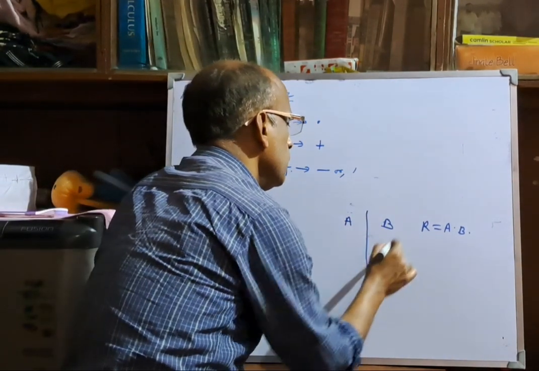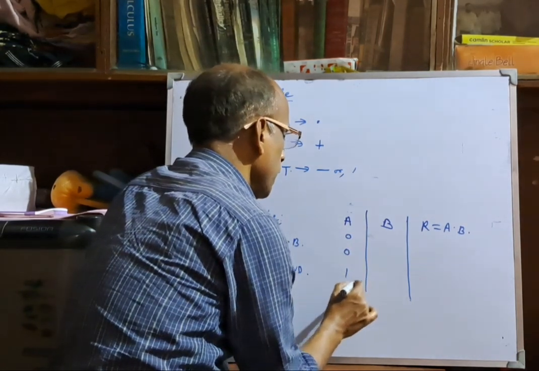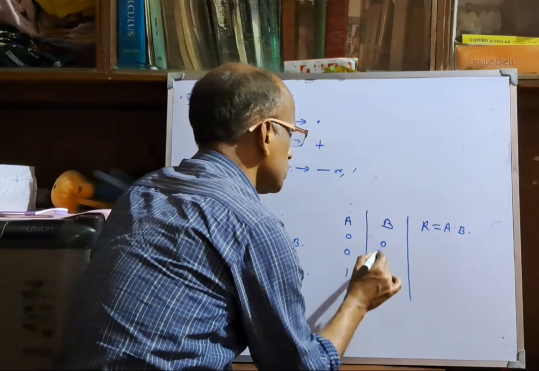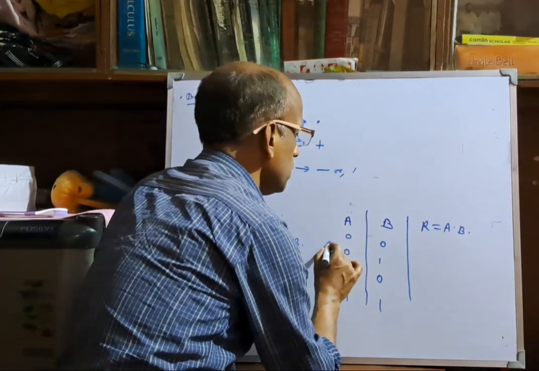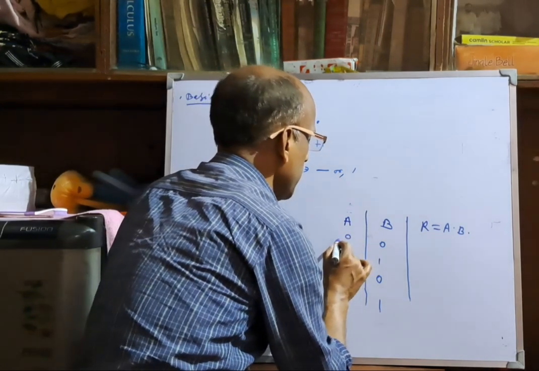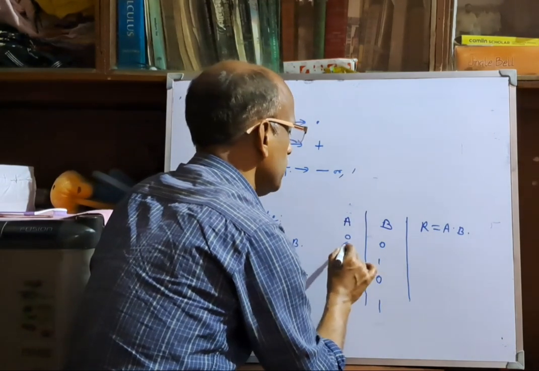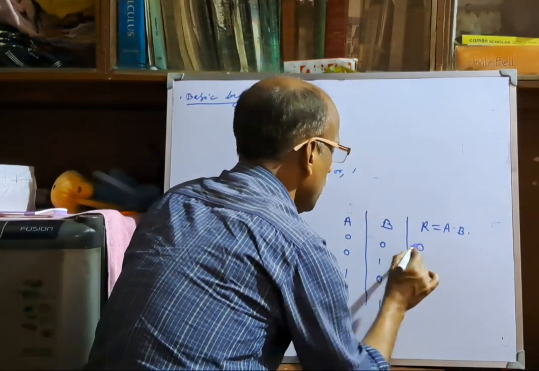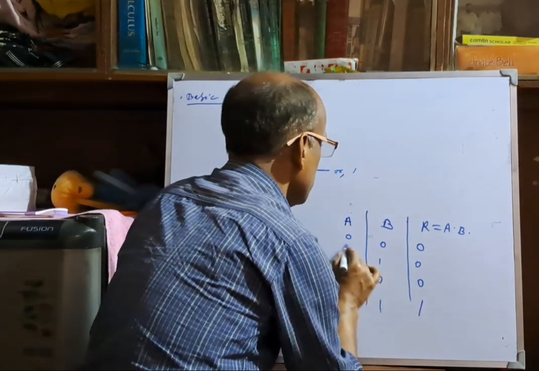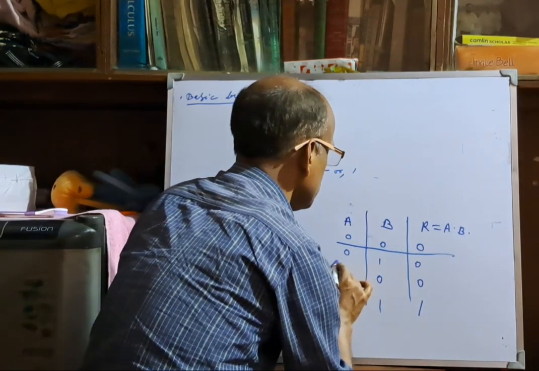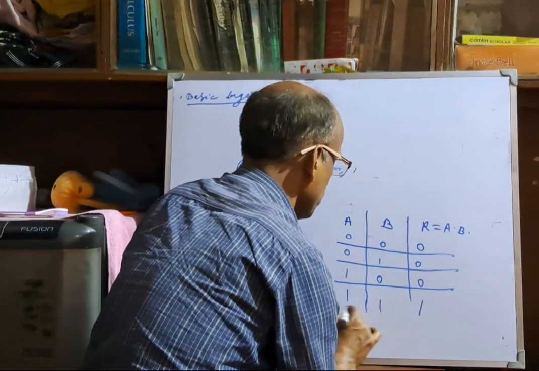The inputs are 0011 and 0101. When we multiply A and B, using the AND operator, this will be 0, 0, 0, and 1. That is, 0 into 0 is 0, 0 into 1 is 0, 1 into 0 is 0, and 1 into 1 is 1.